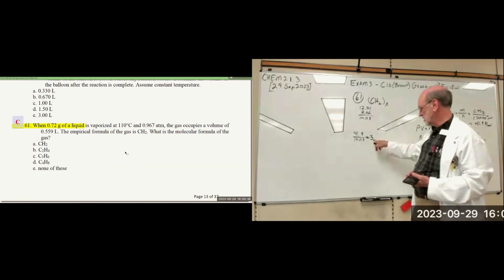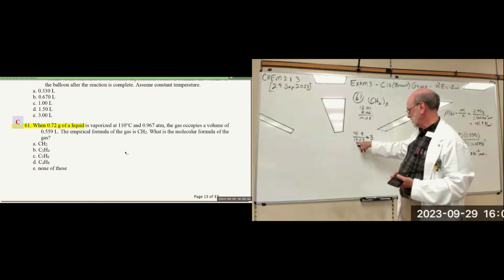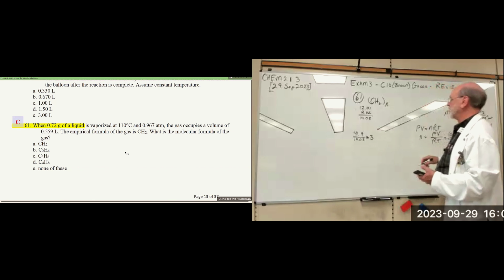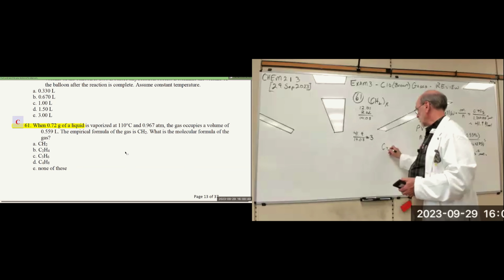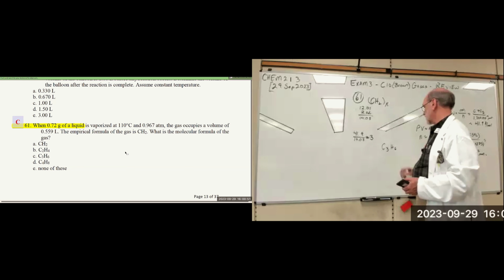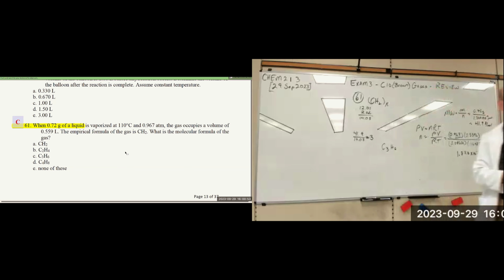That look reasonable? 3 times 14 is 42. Okay, so X is 3. That means it's C3H6.